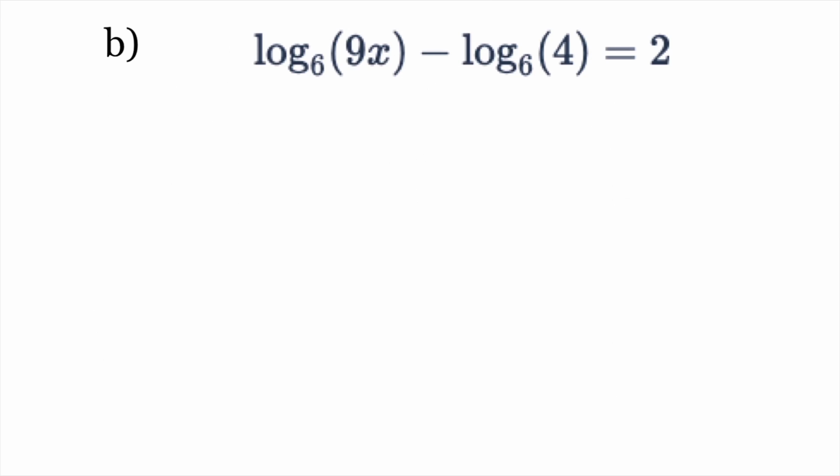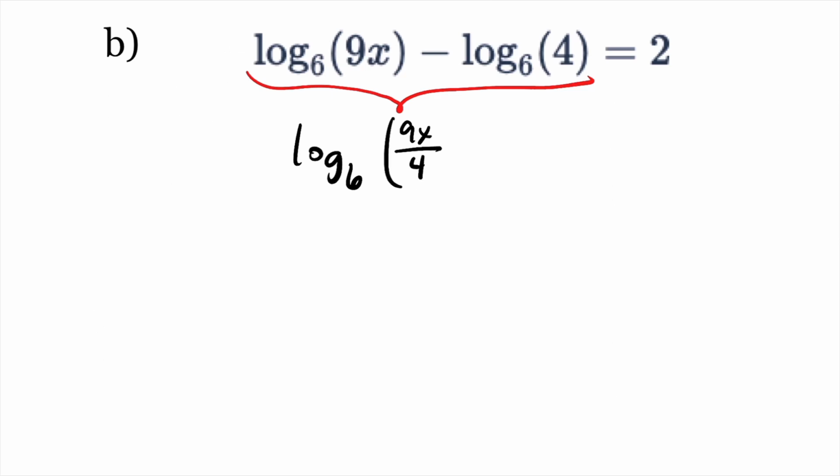Okay. So when I do that, I'm going to combine these two guys using division. So now I only have one log with a base of 6. And I'm going to use division. So 9x divided by 4. Right? You guys did that yesterday on Delta Math. One log, condensed, done.